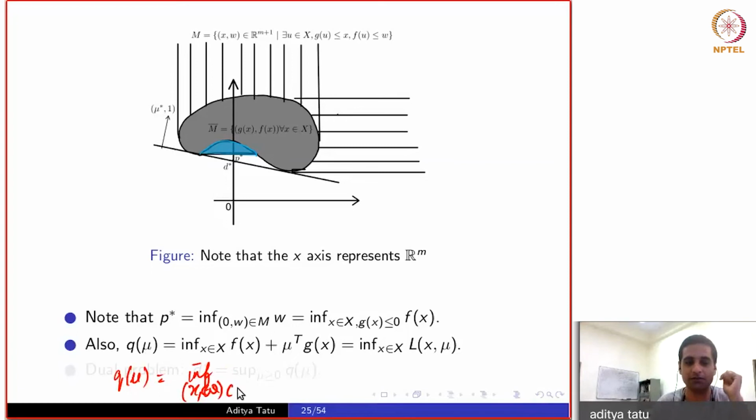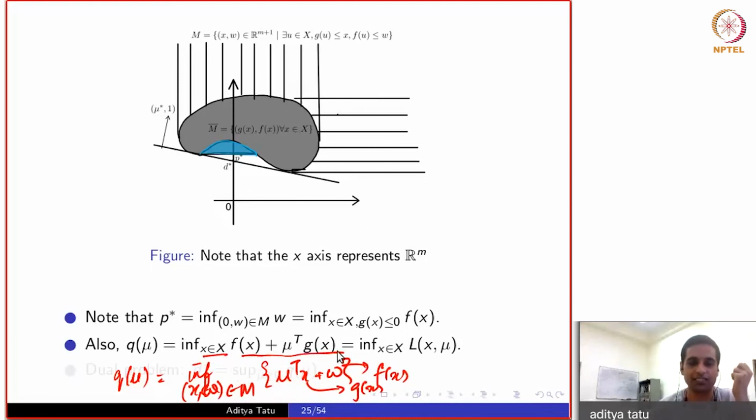It's the infimum over (x, w) in M of mu transpose x plus w. But what is x in this particular M? X is nothing but g(x). W is nothing but f(x). Therefore, Q mu becomes the infimum over all x in X of f(x) plus mu transpose g(x), that is nothing but your Lagrangian.